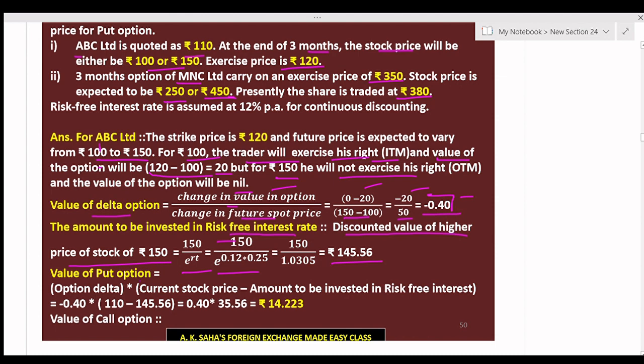Value of the put option is equal to option delta multiplied by current stock price minus amount to be invested in risk-free interest, that is equal to minus 0.40 into 110 minus 145.56. Both are negative, so after multiplication it will be positive and the value will be 14.223. In the previous problem, put option value is 14.23.